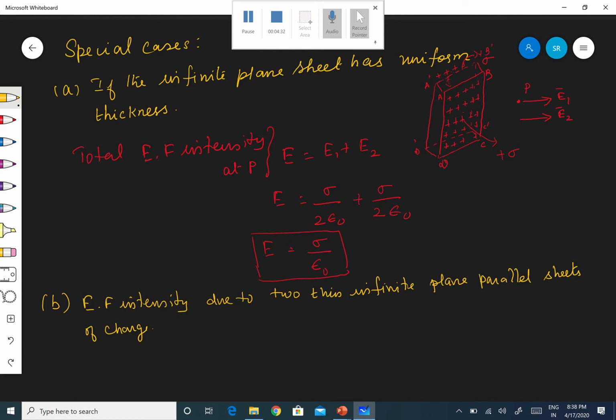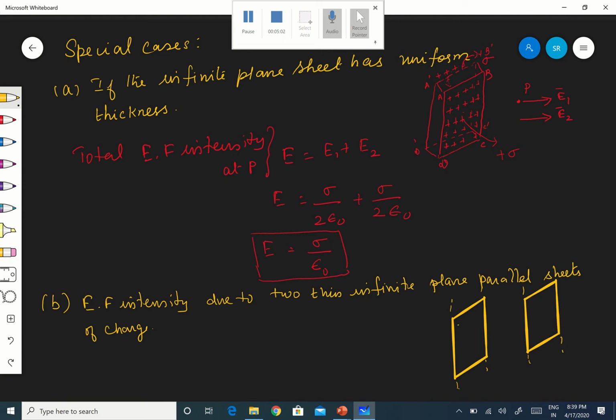See, for example, I have two thin sheets. And the other one is parallel also, infinitely long. So it is going to both sides. It does not have a finite size, right?